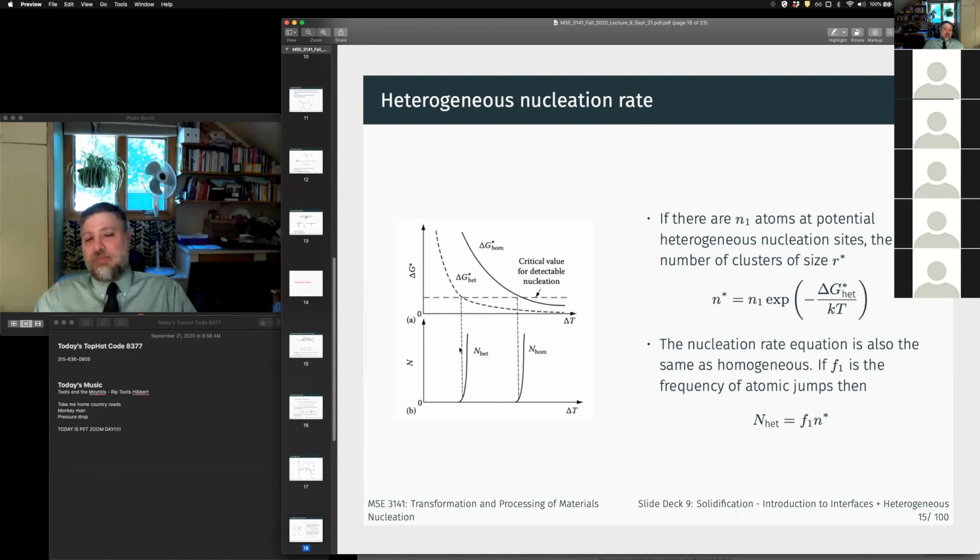It just happens much earlier. And so if we look at this temperature that we need to nucleate this smaller volume of region, we have 0 probability of having a cluster of the critical size for homogeneous nucleation. And this is why almost everything nucleates heterogeneously.